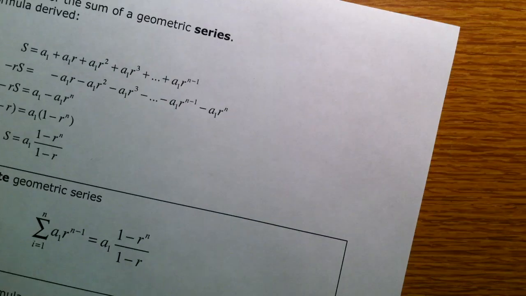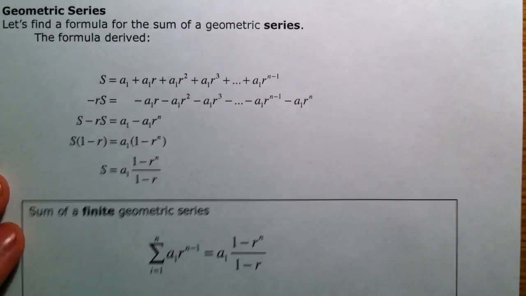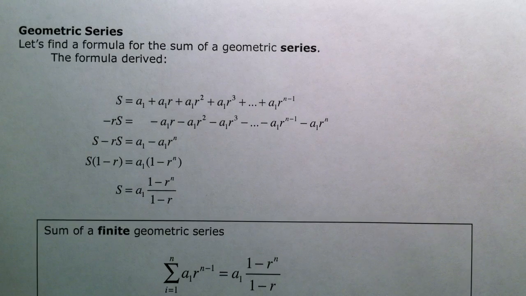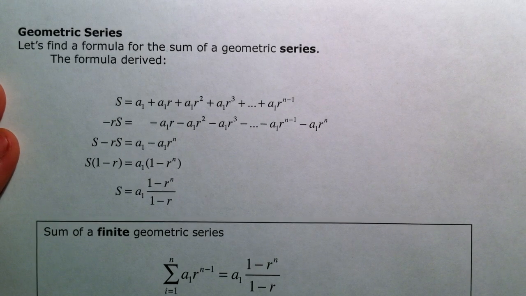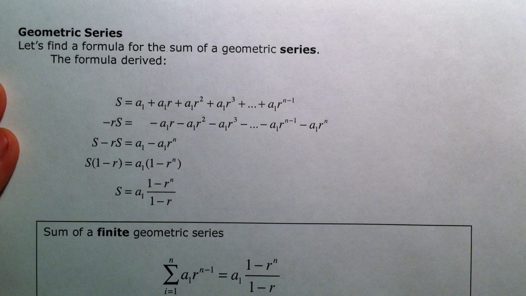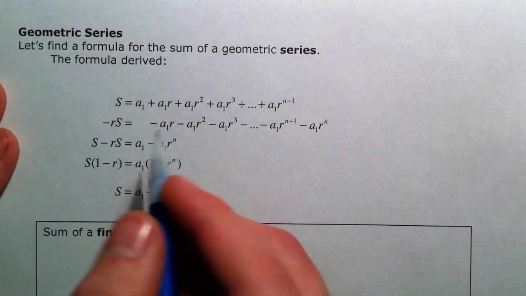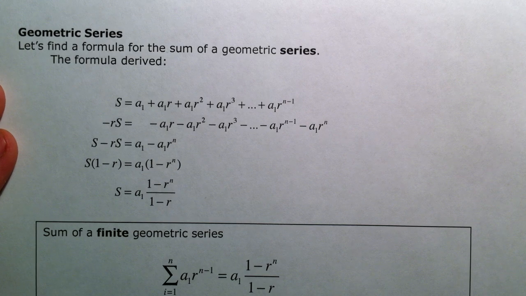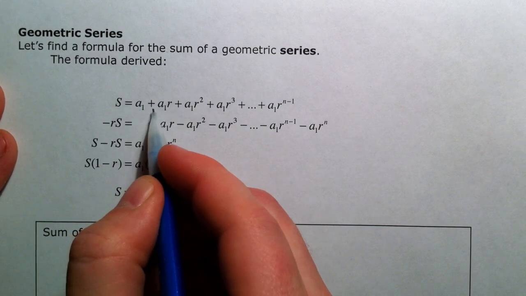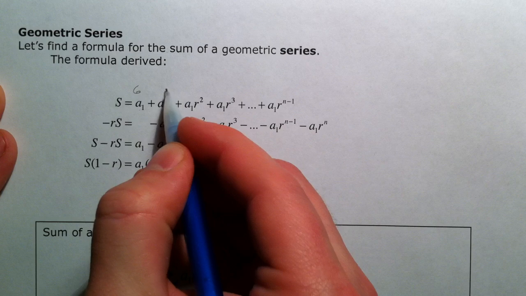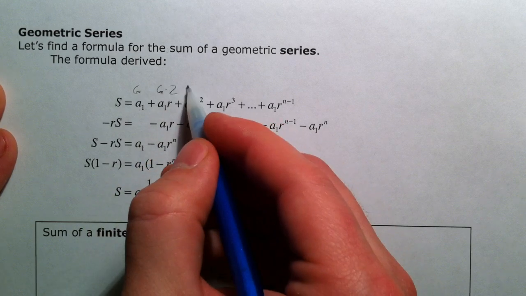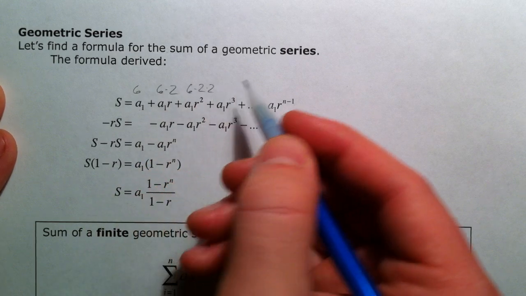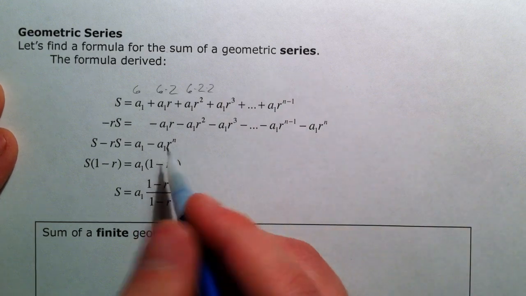Alright, let's look at geometric series. If we started adding up everything, we would have a geometric series. And we're going to look at how this formula is derived just so it makes sense. A sub 1, and this is kind of like our 6, and our 6 times 2, and our 6 times 2 times 2, and so on.